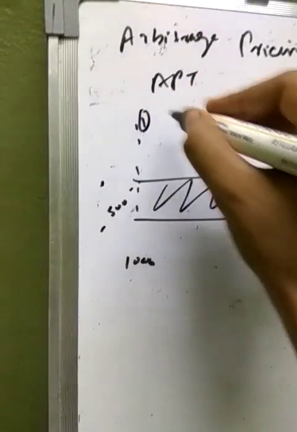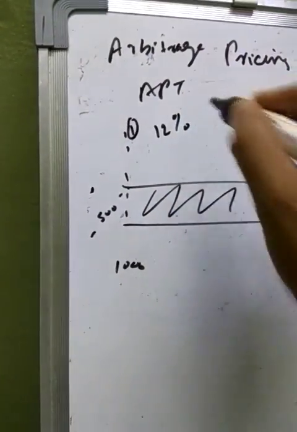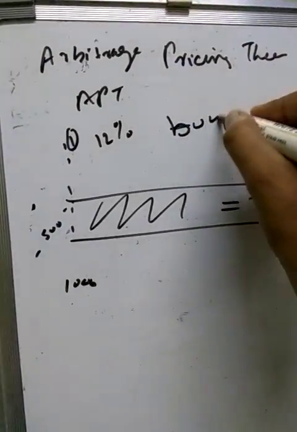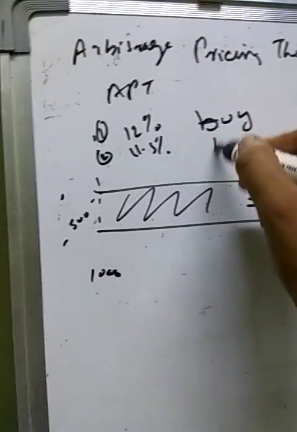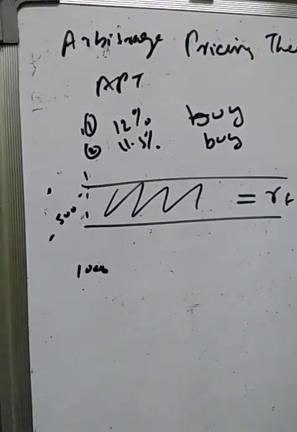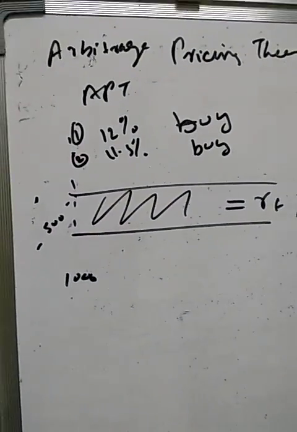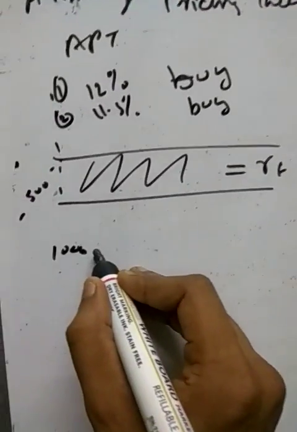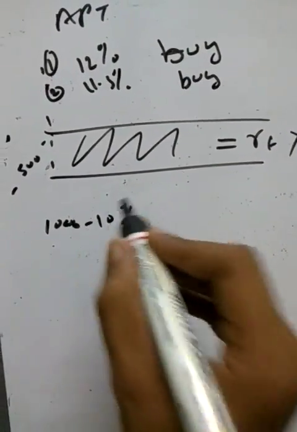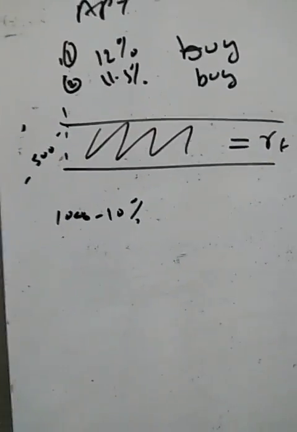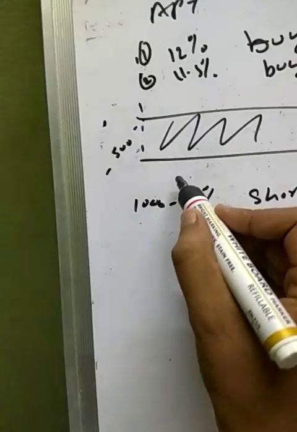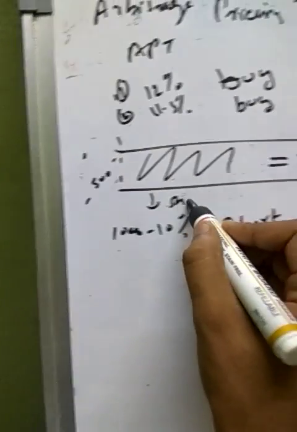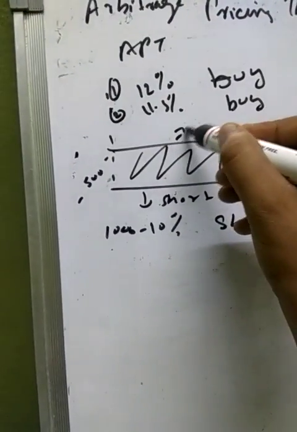Whereas the first rank stock is expected to give 12%, we will buy it. Second rank, 11.5%, we will buy it. And at the same time, look at the 1000th rank one. We are expecting a negative 10% return, so short it. Below this band, short. Above this band, buy.